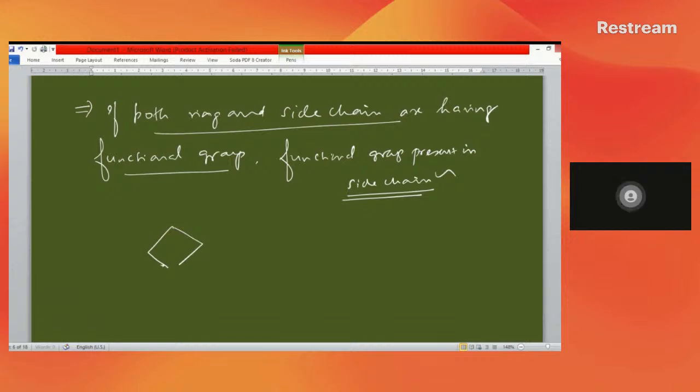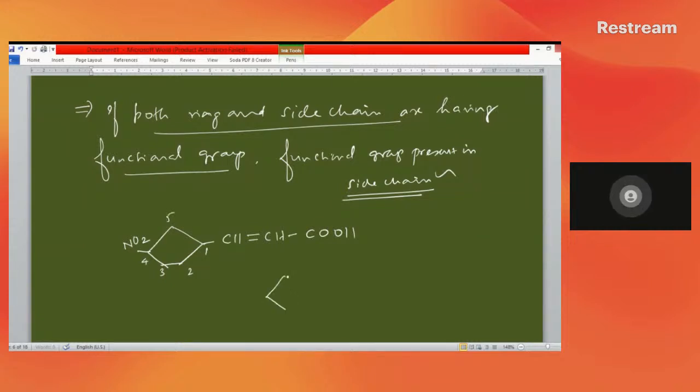Yes, you see, a cyclopentene in which CH double bond CH single bond COOH, and one more functional group is present, NO2, in the ring structure. 1, 2, 3, 4, 5. This is one way by which we count.